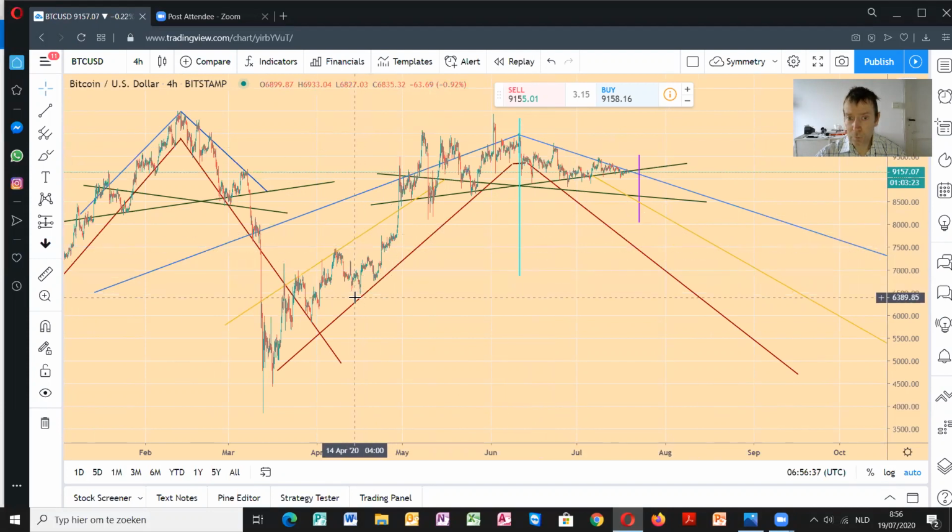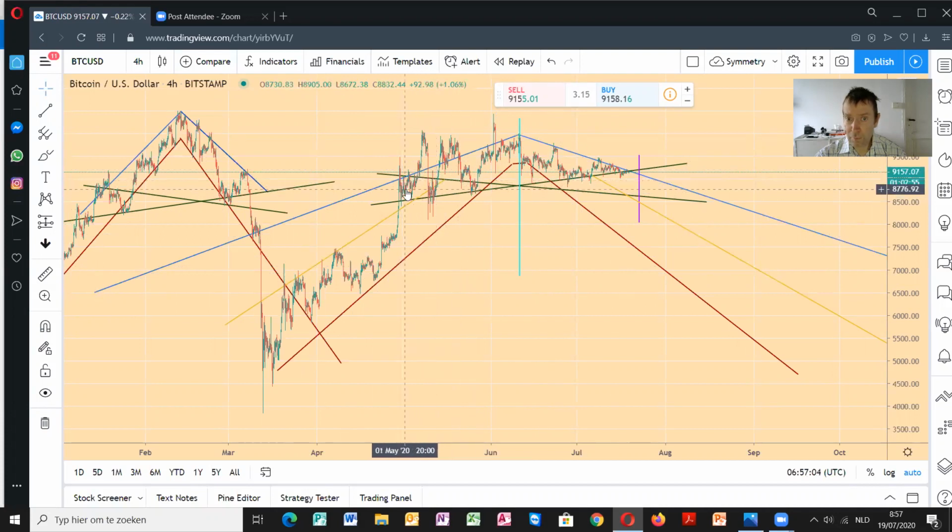And first the price of Bitcoin moved between the red trend line and the yellow trend line until we reached this stop pattern. And the stop pattern is defined by the blue trend lines and the green support lines.